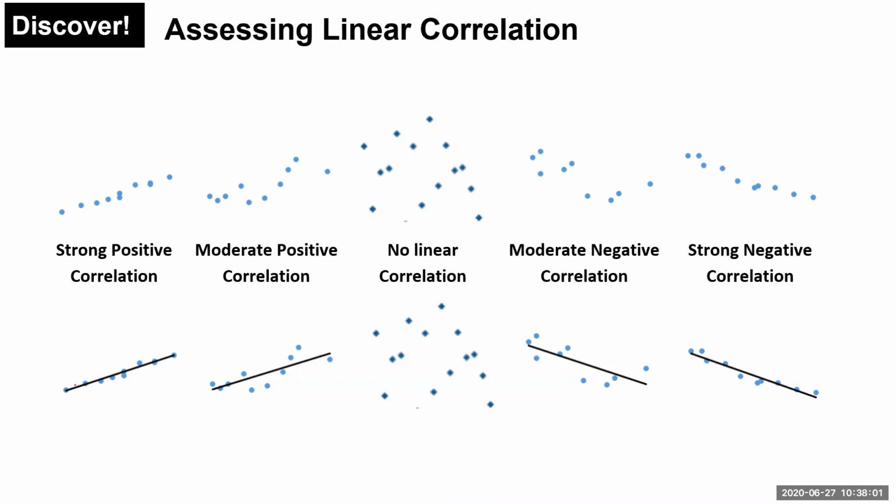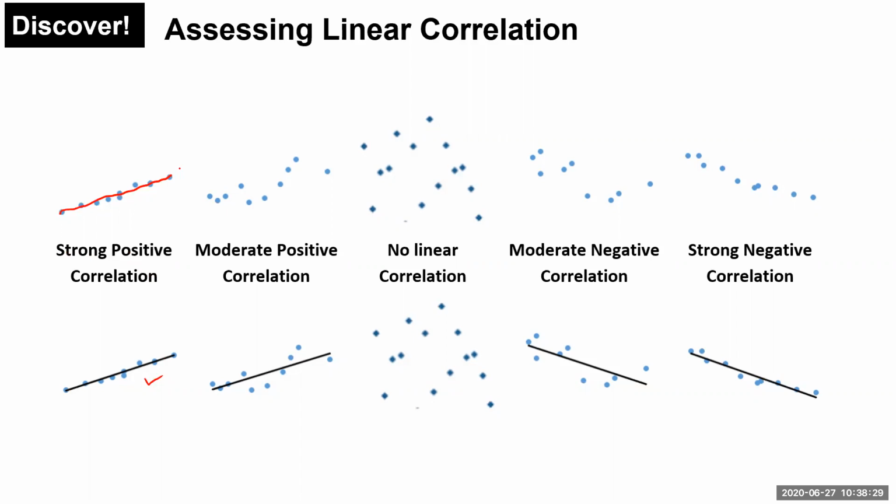Now, when we draw a straight line through these points, you realize that the line is able to go through a lot of the points, okay? And you realize that this is a positive trend because as one variable increases, the other also increases. So we say this is a strong positive correlation because this line goes through the majority of the points.